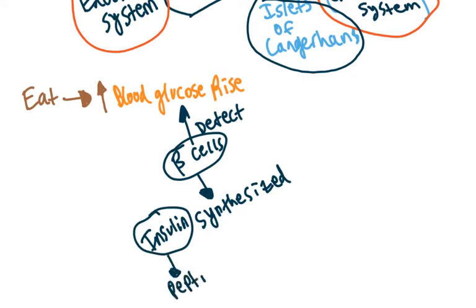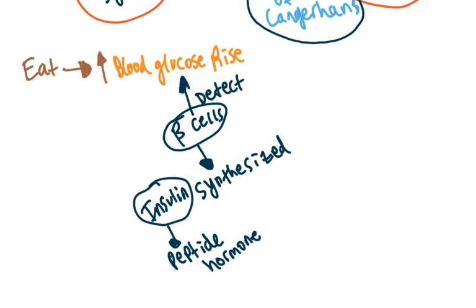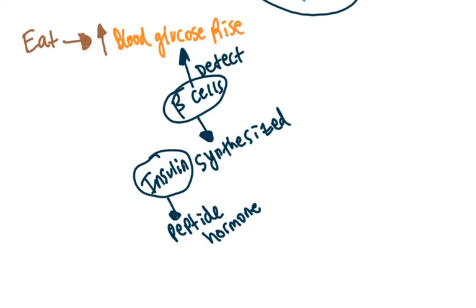So we make this hormone through DNA transcription, then translation, and the mRNA goes to our ribosomes. And through some mechanisms in our Golgi apparatus and our endoplasmic reticulum, we have insulin. We'll discuss that in this video. So beta cells detect the high blood glucose, and then they synthesize and secrete insulin.